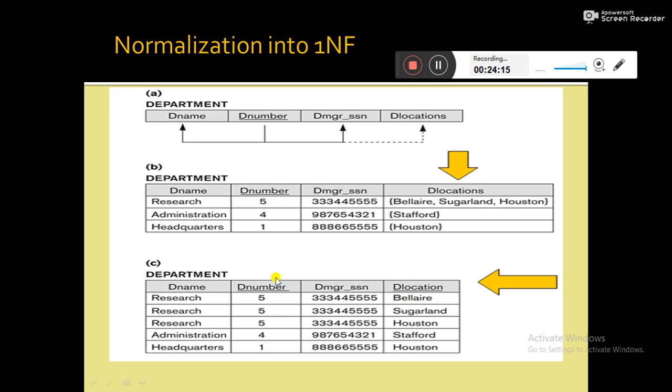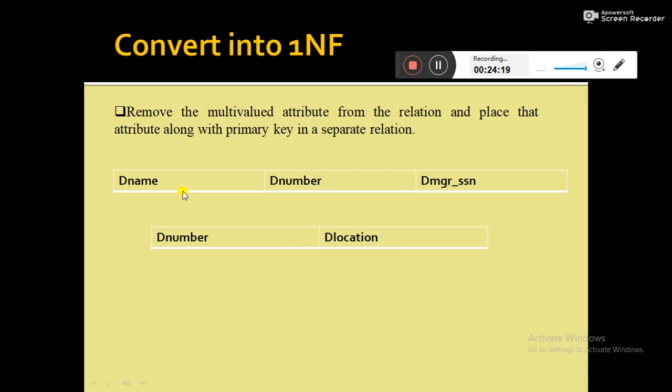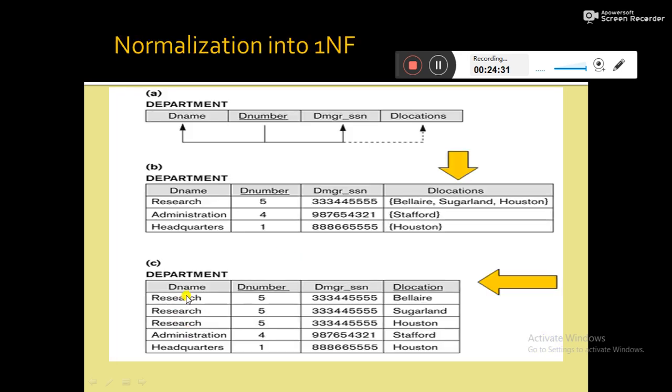So move to the next slide. Here it is. Remove the multi-valued attribute from the relation and place that attribute along with the primary key in a separate relation. If you go back to the previous slide, D name, D number, DMGRSSN, all these three attributes are not multi-valued attributes.